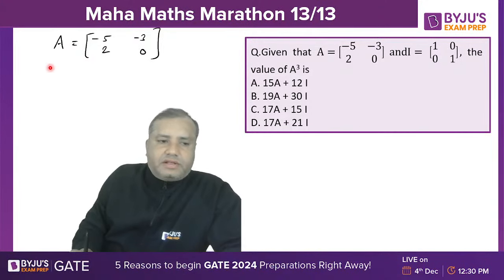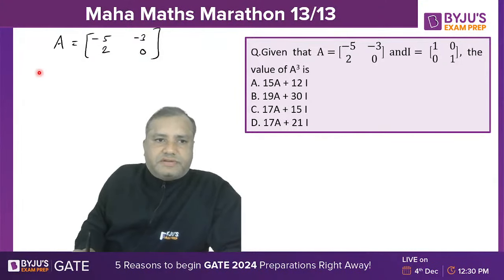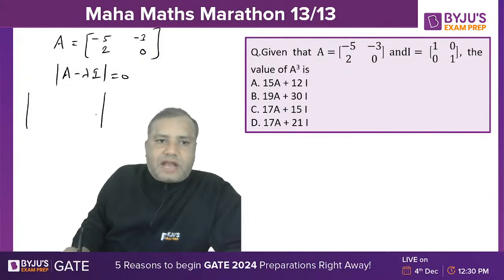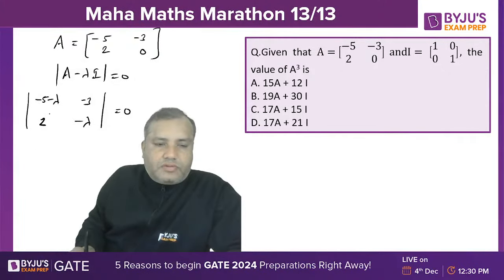Can you write the auxiliary equation? Not auxiliary equation, characteristic equation. So subtract lambda from the diagonal elements, remaining as it is. Now, minus lambda into these two.